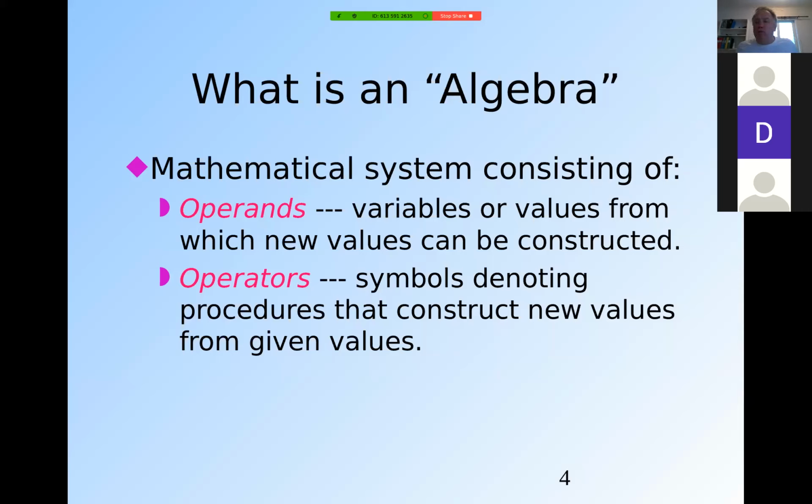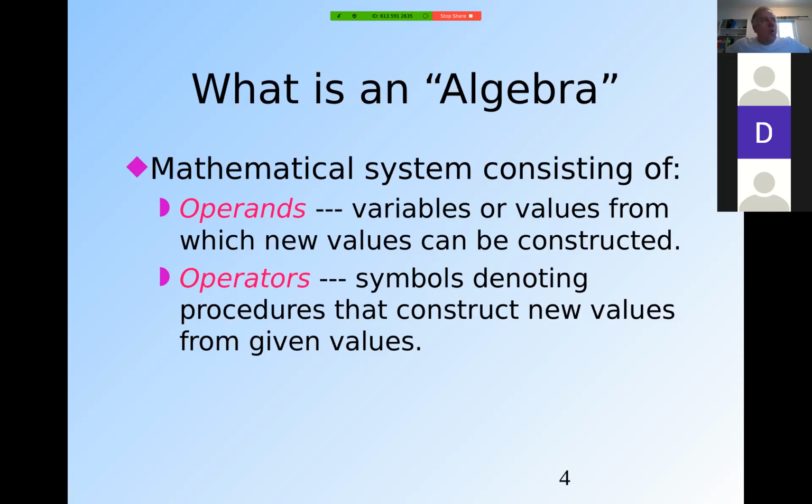And then you have the operands, which could be variables in the classic algebra case, or values like 17. But the idea is if you take two operands, 17 plus 2, you get another operand, which equals 19. So they stay closed. Now we're going to be talking about the relational algebra.